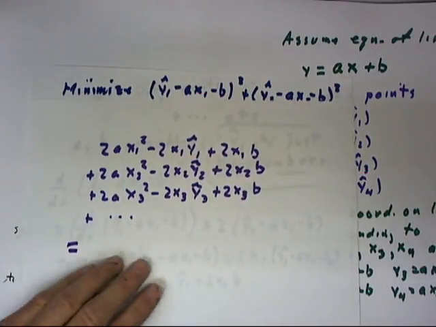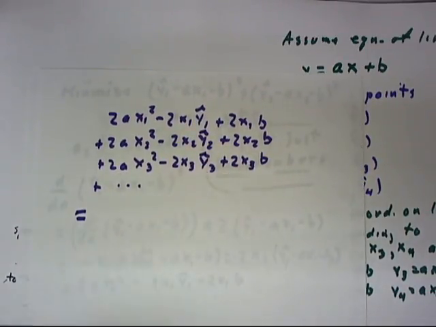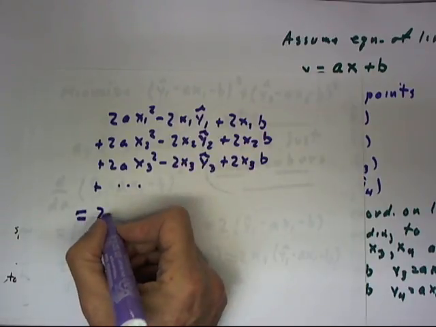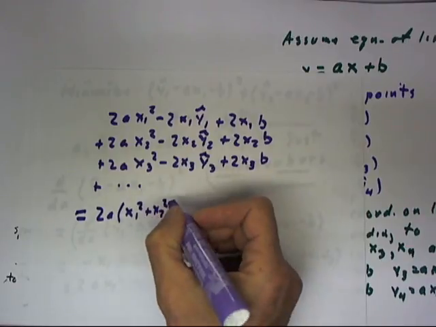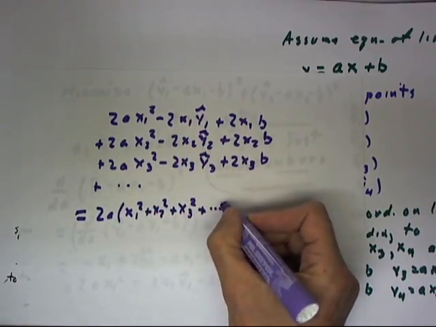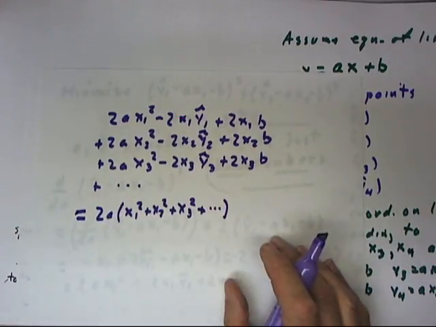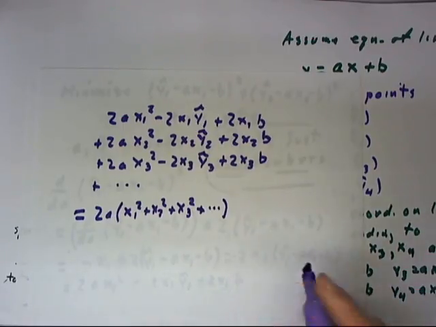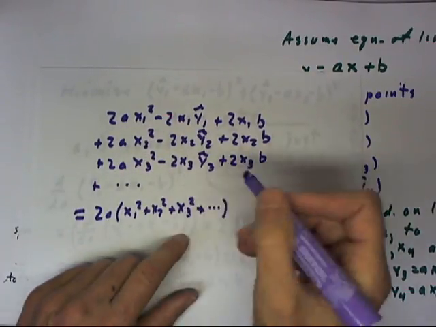Now, it's clear that we can do some factoring here. We can say that then this is 2a times x1 squared plus x2 squared plus x3 squared and so forth. I was going to combine these together, and I've chosen not to do that.